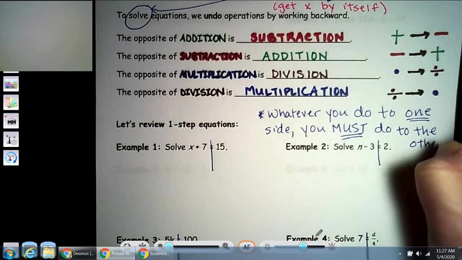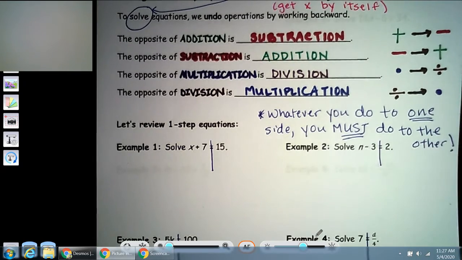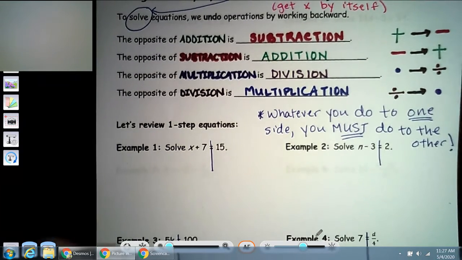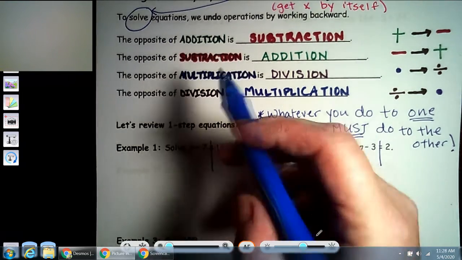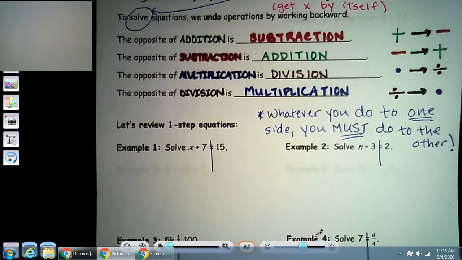We have to keep this equation equal. We have to keep it balanced. So if I'm doing an operation on the left side, I have to also do the operation on the right side. The line down the equal sign just helps keep us organized and keep everything straight.